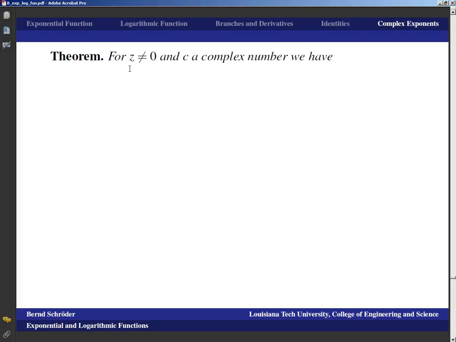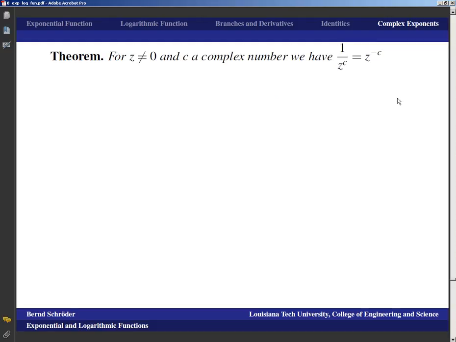Okay, so for z not equal 0 and a complex number c, we have that 1 over z to the c, the multiplicative inverse of z to the c, is z to the negative c. Again, negative exponents basically denote multiplicative inverses.